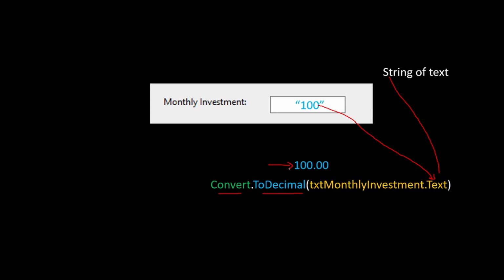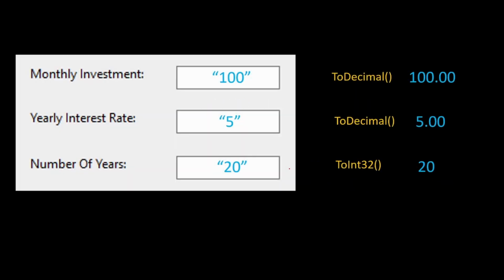So the next thing is, if you look at each and every one of these inputs that the user has, they're actually typing a string. It doesn't matter if it's a number or a word or whatever. They're always typing a string. And then these methods get called on the text of those strings, and they are converted.